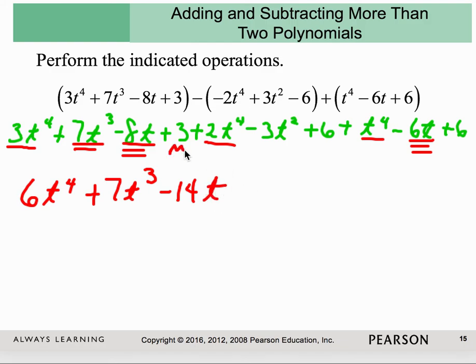Okay, anything that's just a constant. All right, so 3 plus 6 is 9, plus 6 is 15. And I can tell at a glance that, look, I've missed this term. Right, now there's not another t squared.